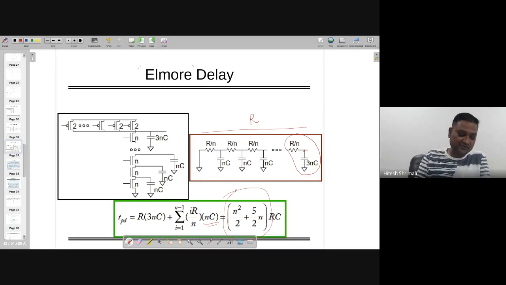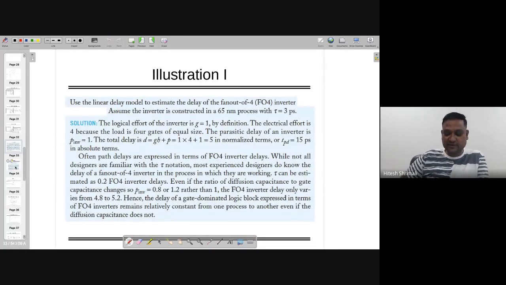Now let's take the real-time problem. By the way, all these examples have been taken from Weste and Harris, right? So use a linear delay model.